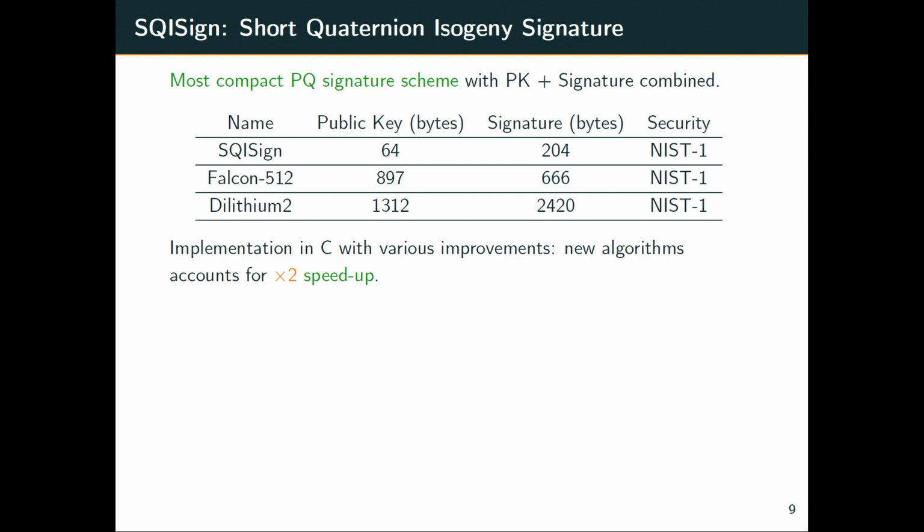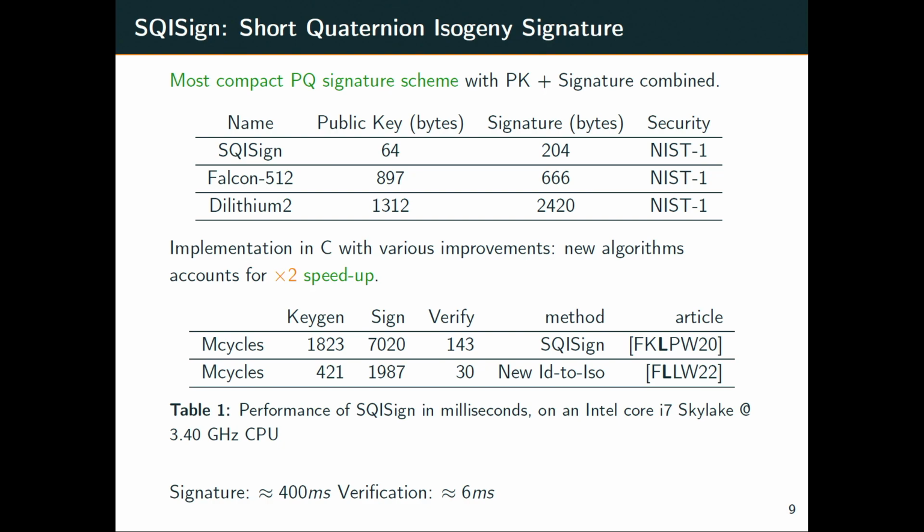This implementation is based on the original SQIsign code, so we could really compare the two methods easily. We see that the new algorithm accounts for a 2 times speedup, basically. Then there is a bunch of additional improvements that we included as well. Overall, the verification is now more than 4 times faster than before, and signing is roughly 3.5 times faster.